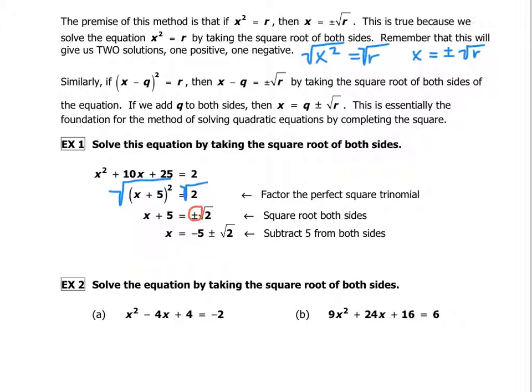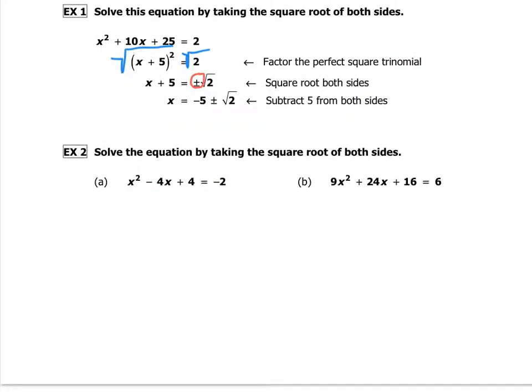Let's take a look at another example. In example A, if I look at the left-hand side of the equation, I can factor this as x minus 2 quantity squared, or x minus 2, x minus 2. This equals negative 2. My next step is to take the square root of both sides.